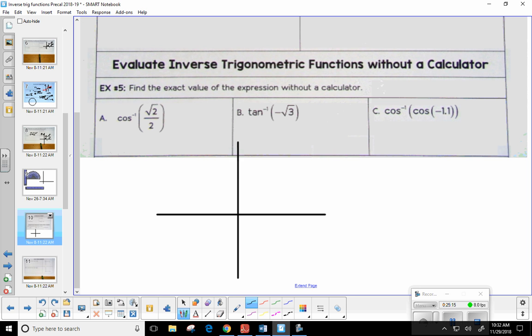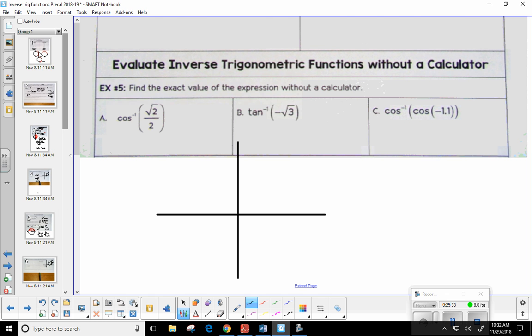Okay. There we go. Let's take a look at C. So cosine inverse of cosine of negative 1.1. Okay, so we have another composition of functions involving an inverse, so I'm going to go back over here to the front page. Remember, it's cosine inverse of cosine.